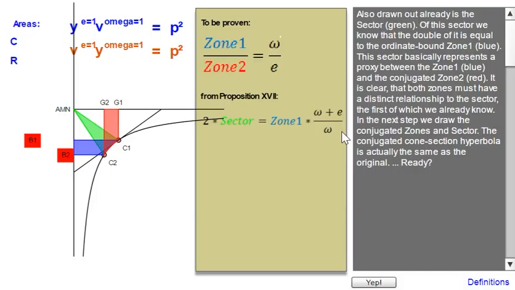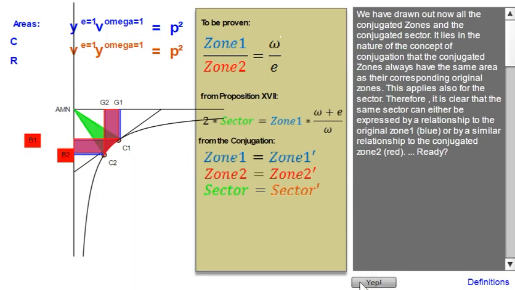And you notice that this time we don't have omega minus e, but omega plus e. And this was specific to the hyperboloids. And we already proved this in Proposition 17. And here again, we're going to use it as a building block for the next proof for the hyperbola, to prove this expression up here.